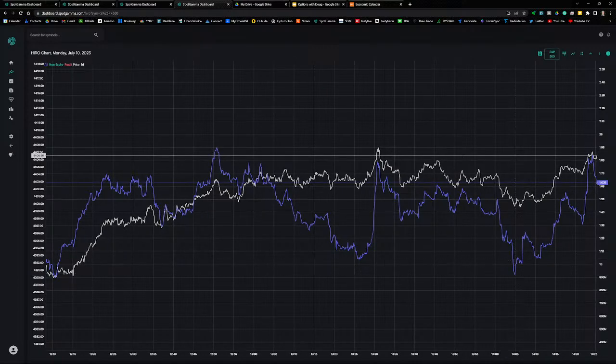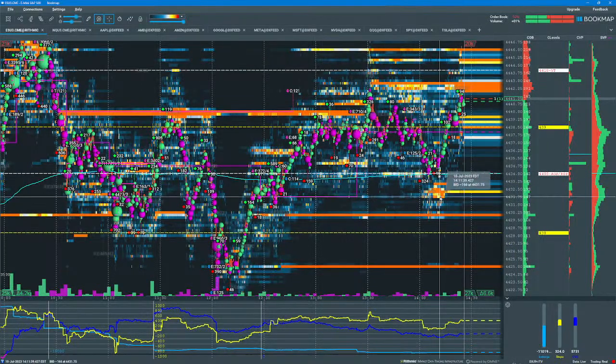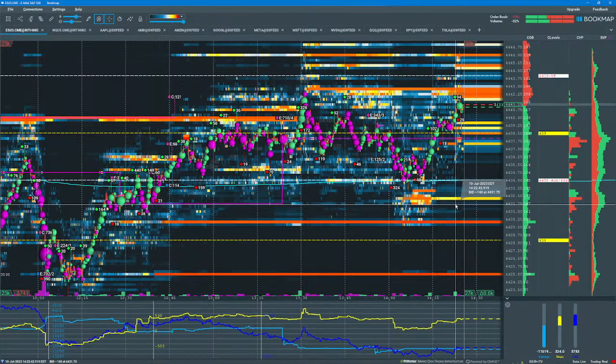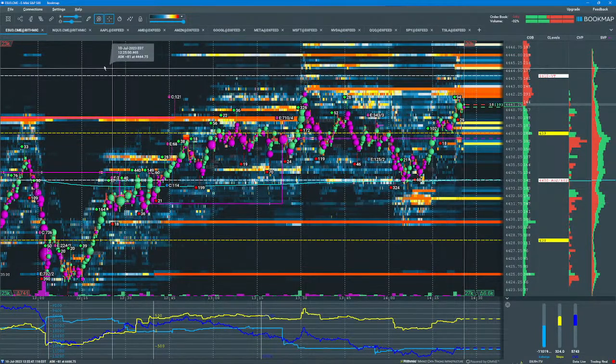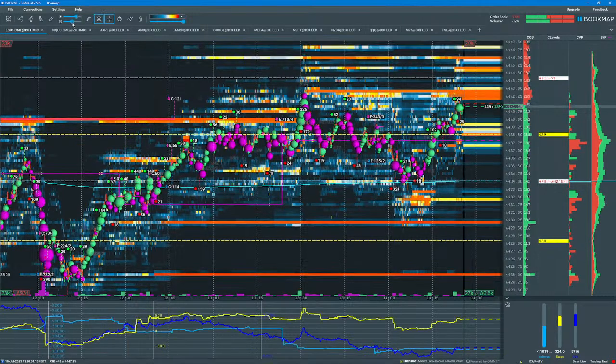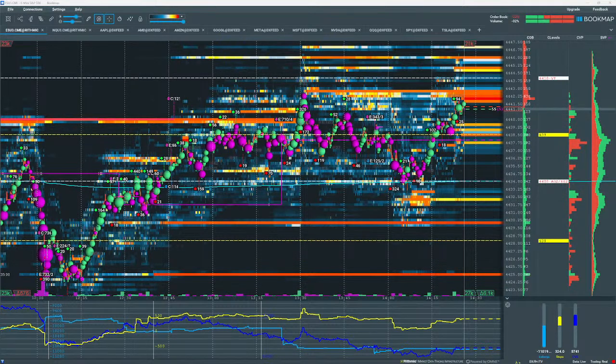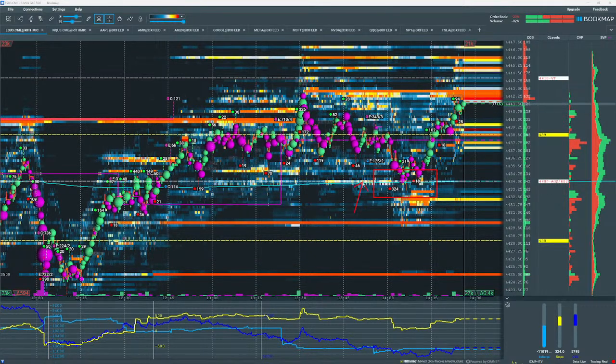Let's go take a look at Bookmap. At that time, when options traders started taking positive delta positions, ES reversed higher right here at the 4400 level, and this blue line is VWAP. So VWAP and the 4400 level acted as support.